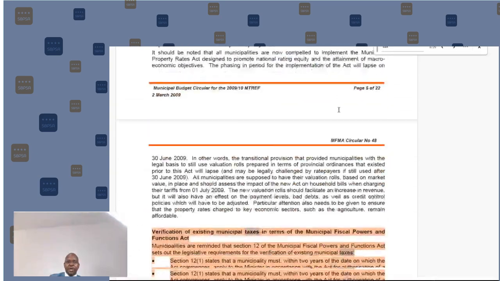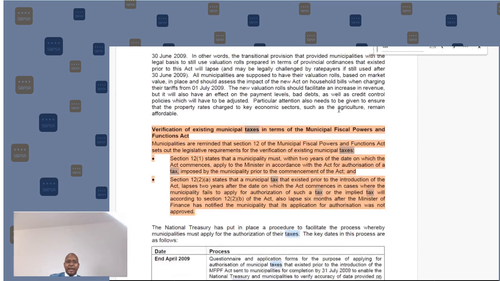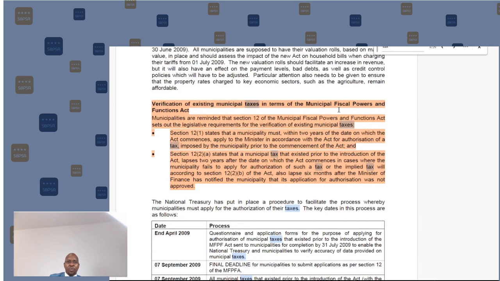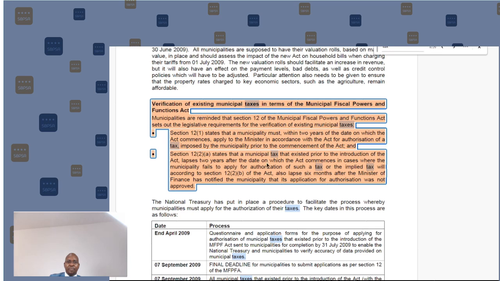Yes, so what is important now is this part where it says the verification of existing taxes in terms of the MFPFA. It deals with pretty much most of the information that we have dealt with there.